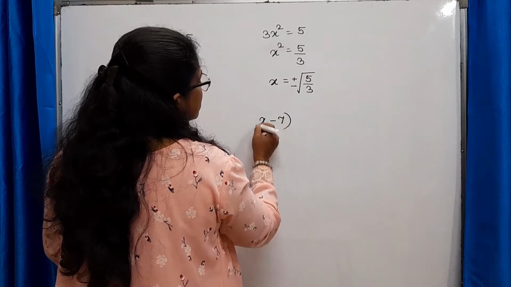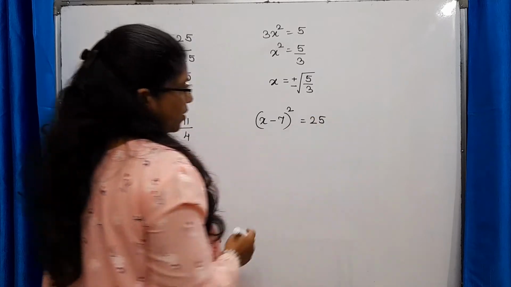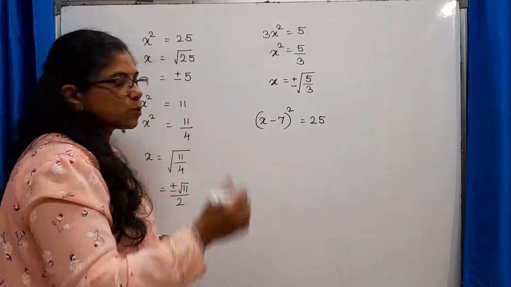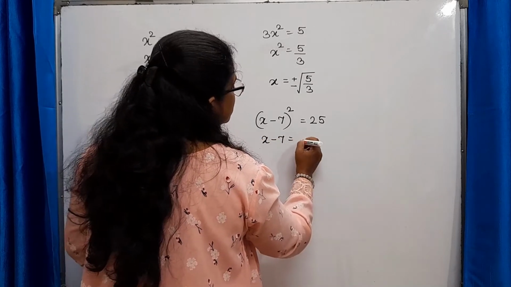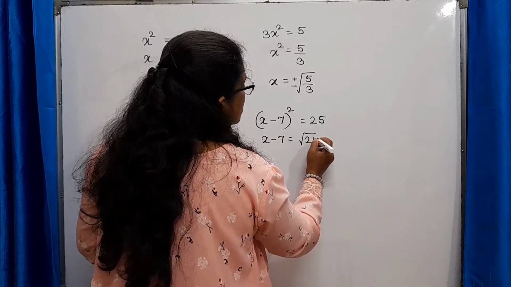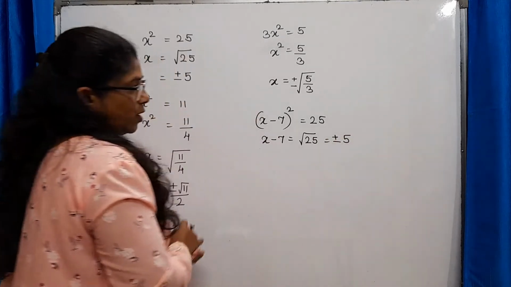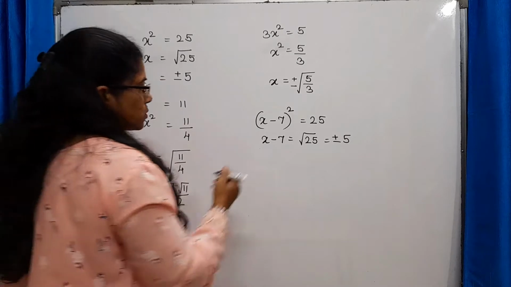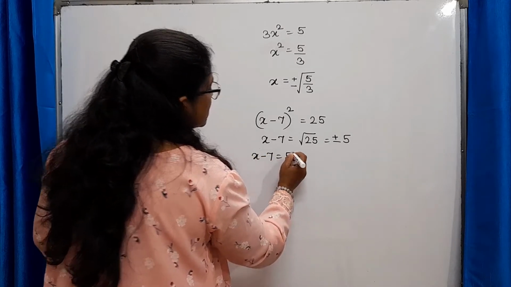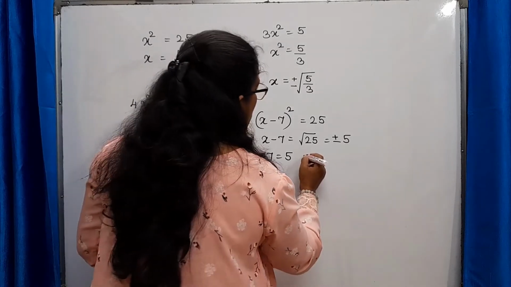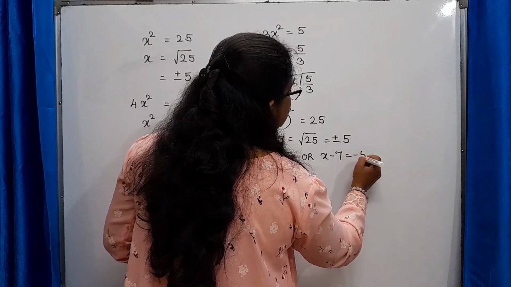x minus 7 whole square is equal to 25. So in this case, x minus 7 is equal to square root of 25, which is equal to plus or minus 5. Now how to get the roots? Here x minus 7 is either plus 5 or x minus 7 is minus 5.